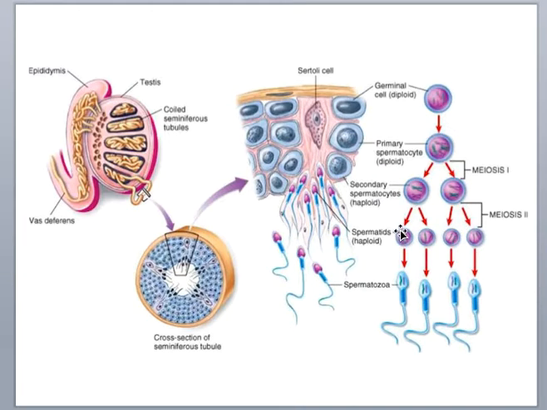As a result, we have 4 spermatids, all haploid, half the number of chromosomes. Then they'll begin to mature, and that's when we see a spermatozoa, or a sperm cell with the head, midpiece, and the flagella. But they are incapable of fertilization until they go to the epididymis.